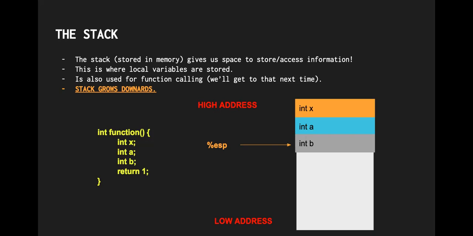And what I mean by local variables is, say you're in a function frame, and you declare an X, an A, and B, right? It creates space on the stack so that you can reference these local variables, right? So we have a very limited amount of registers. We only have 8 in Intel x86. And sometimes it'd just be better to store things in memory.